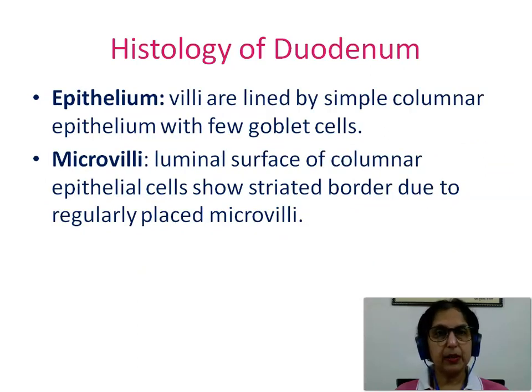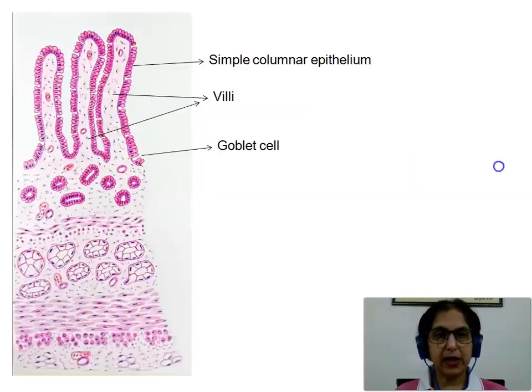Epithelium. Villi are lined by simple columnar epithelium with few goblet cells. Microvilli. Luminal surface of columnar epithelial cells shows striated border due to regularly placed microvilli.